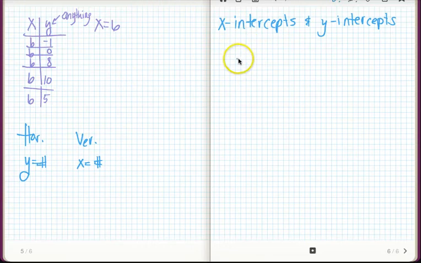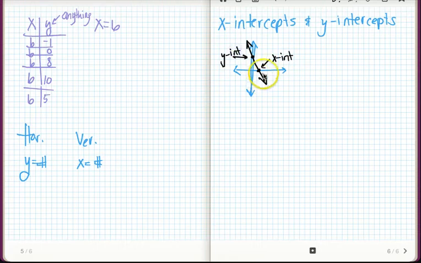And that interception, when we're talking about the coordinate plane, forgive my lines, remember this tablet does not afford me very straight lines. It's where your graphed line happens to cross the x and y axes. So my x-intercept and my y-intercept.